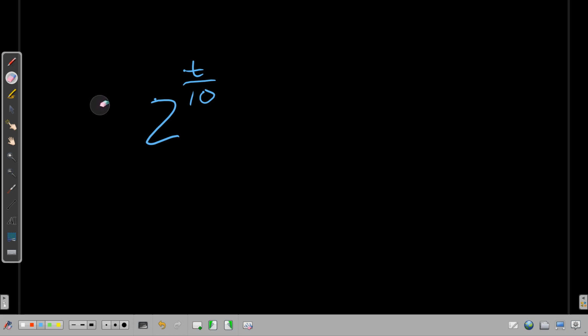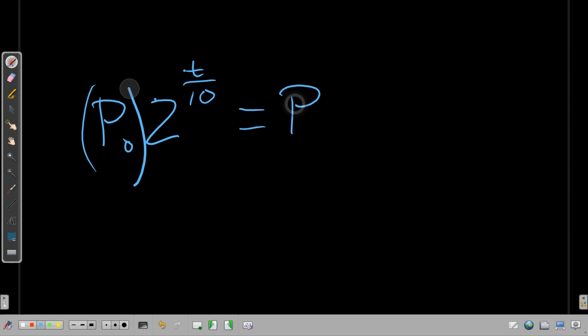Now what I'll need to do is multiply this by the initial population. So we'll multiply it by p sub 0, the 0 meaning it's the initial population. And this would be the population at time t.